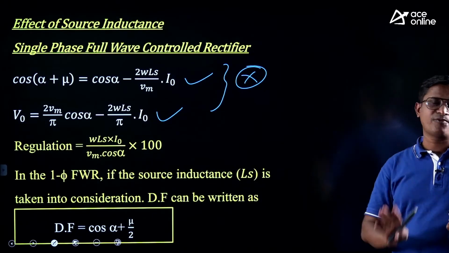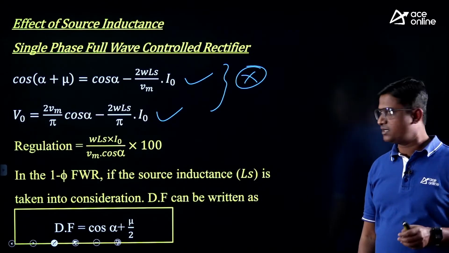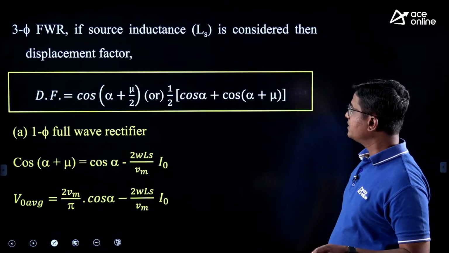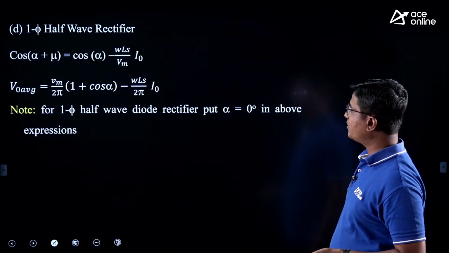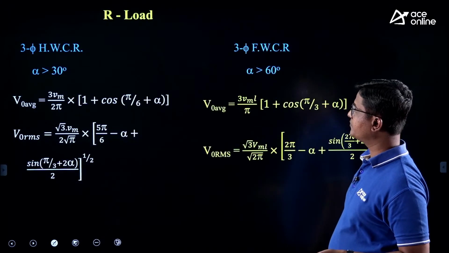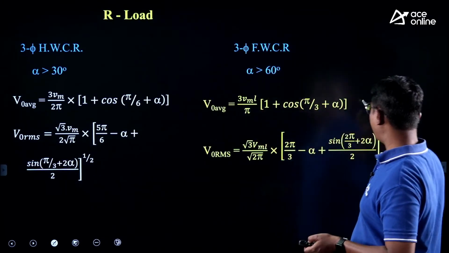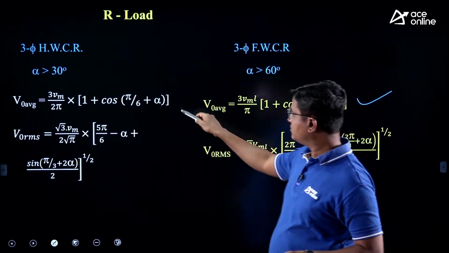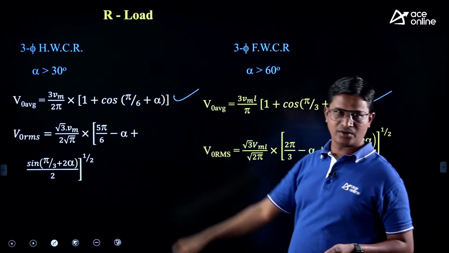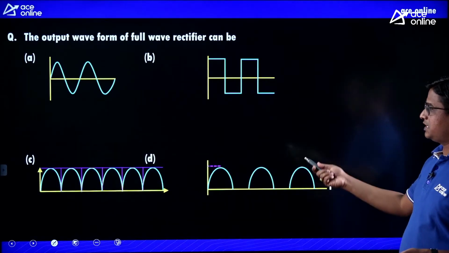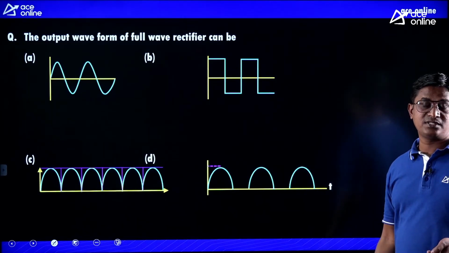They have framed simple theory questions like this. Next. Yes, these are the important expressions. Check for three-phase full wave, what is the V0 average expression, and for three-phase half wave, what is the V0 average expression. Yes, let us discuss some simple questions on the second chapter.